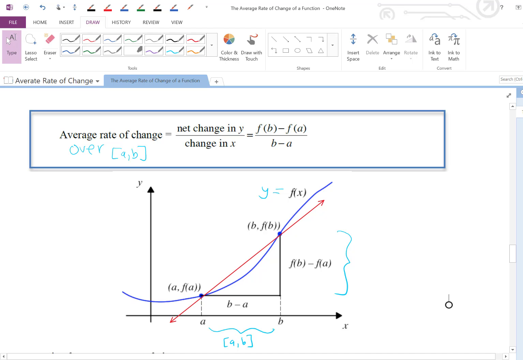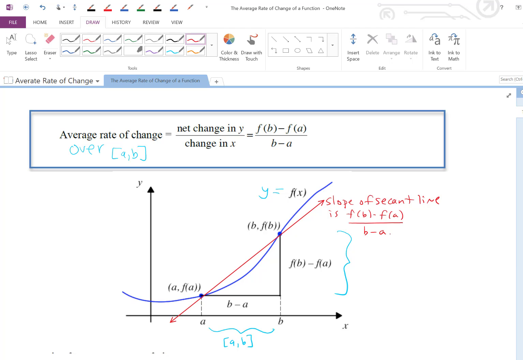What's the slope of the secant line? The slope of the secant line is f of b minus f of a, the change in the output direction, over b minus a. And so what we see is that really the average rate of change of a function is just the slope of the corresponding secant line passing through the 2 points of consideration.